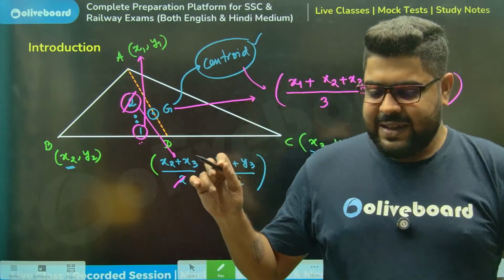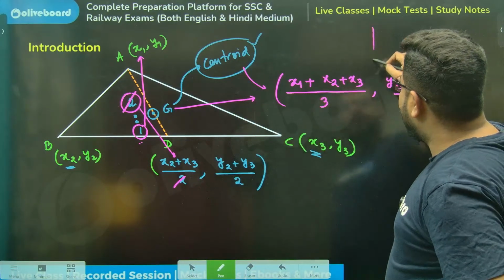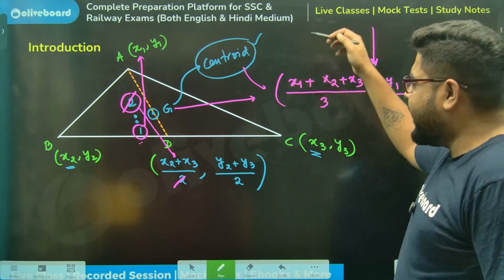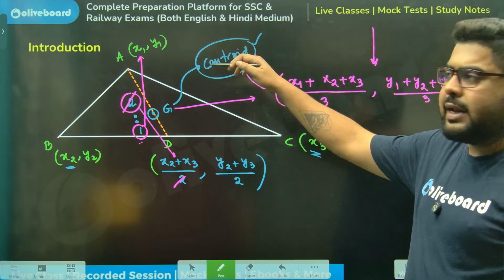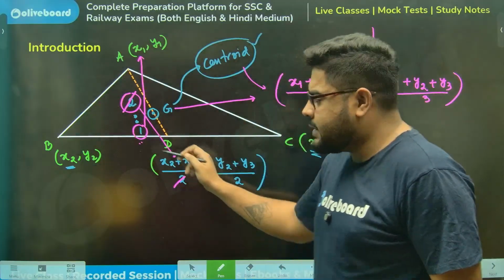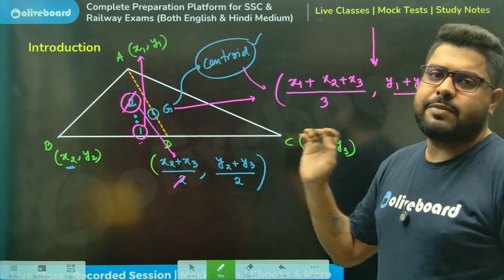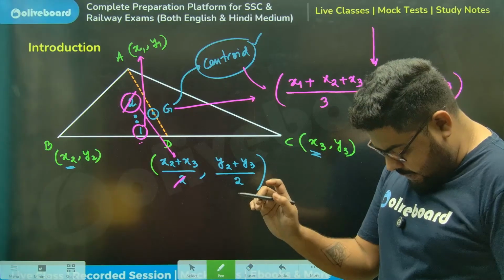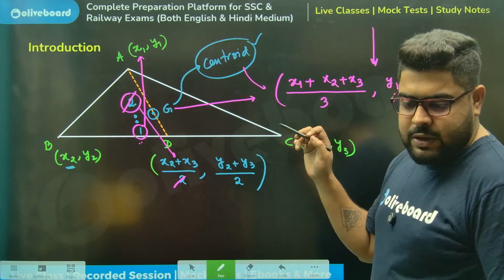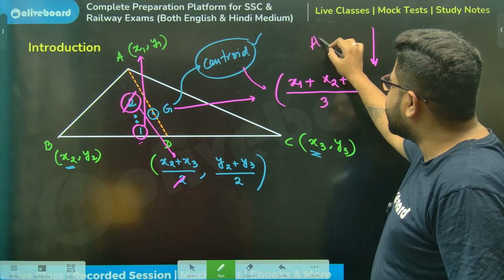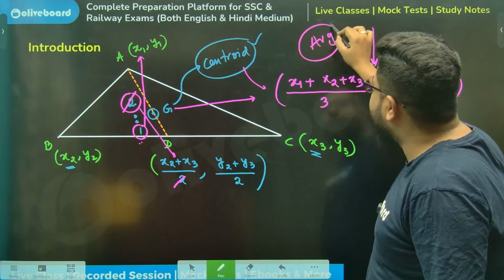You're getting my point? Anytime they ask you, in a PYQ, to find the centroid of the triangle, they have given you the coordinates x1, y1, x2, y2, x3, y3. They are asking you to find this. For that, you just need to take, this is nothing but a pure and simple average.